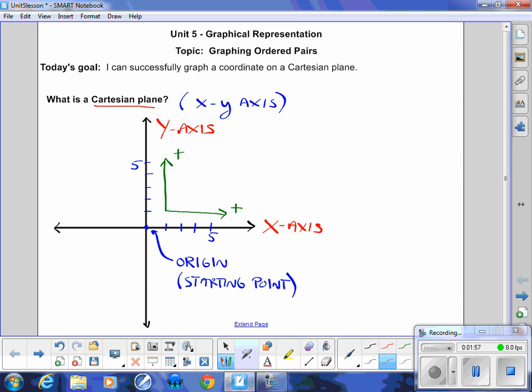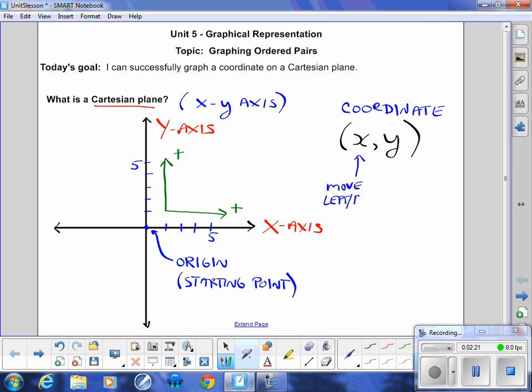Okay? Now a coordinate is in this form, bracket x, y. Okay? So this is what we call a coordinate. The brackets are very important because those round brackets indicate that we're dealing with a point, and then the x value tells us how to move left or right, and the y, the second number, tells us how to move up or down.